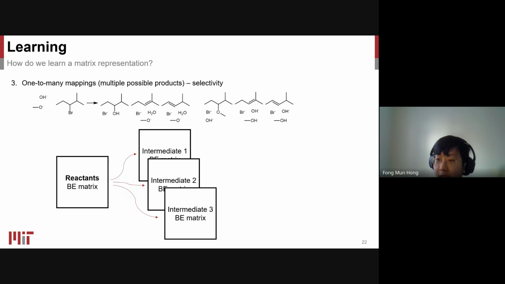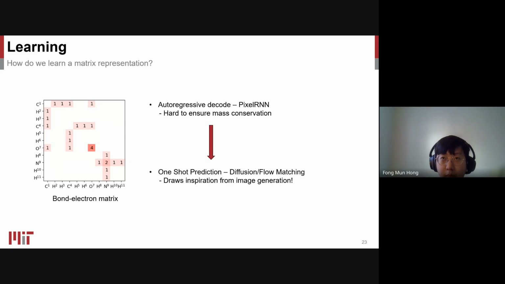This means that for a given bond electron matrix, what we're going for is a different intermediate bond electron matrix. Going from the reactants, the entire formulation becomes a one-to-many mapping. This mapping would mean that we want to learn the prediction going from one matrix to the other matrix.